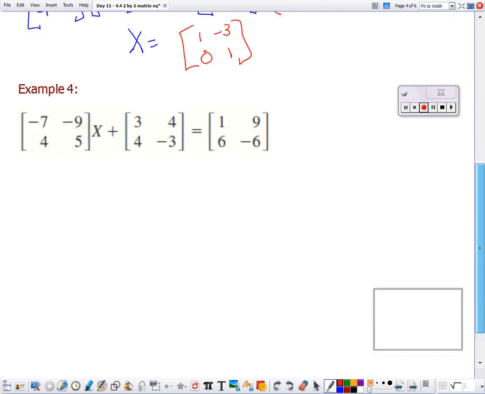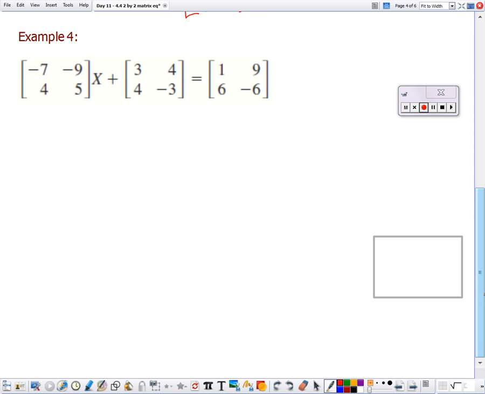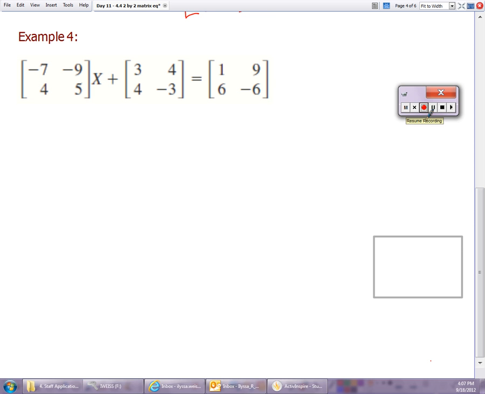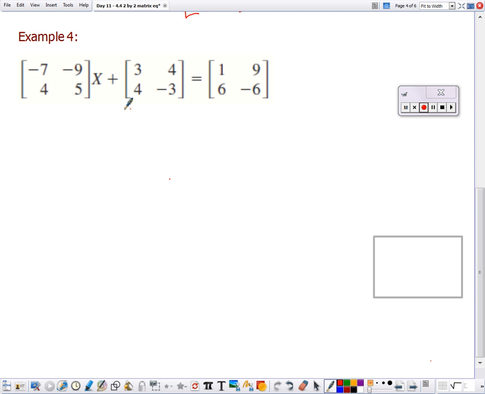Okay, here's another example. We're going to pause the video for you to try number 4. Your first step should be to subtract this matrix to the other side.